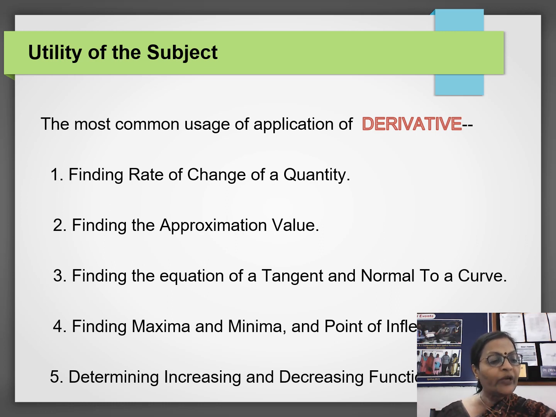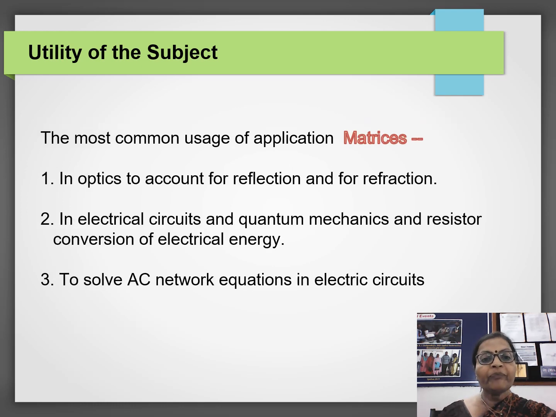In first two units, we discuss concept of ordinary and partial derivatives, which are commonly used for finding rate of change of quantity, finding the approximate value, finding the equation of tangent and normal to the curve, finding maxima and minima and point of inflection, determining increasing and decreasing functions.